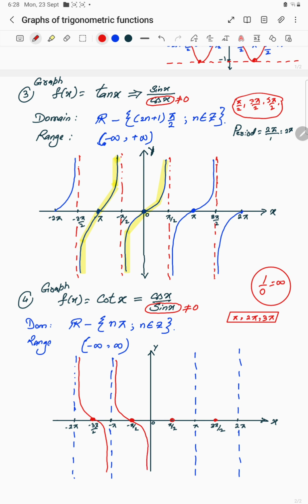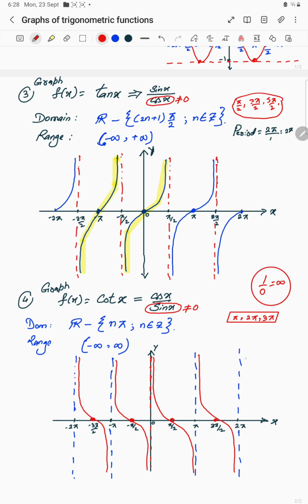You can experience this by taking any values between, like, minus 2 pi and minus pi, and similarly minus pi till 0, because this will be broken for the case where 0 is undefined, and so it will not cross this y-axis here, so it comes closer and will be like this, down.